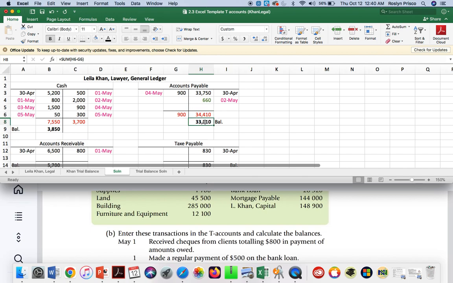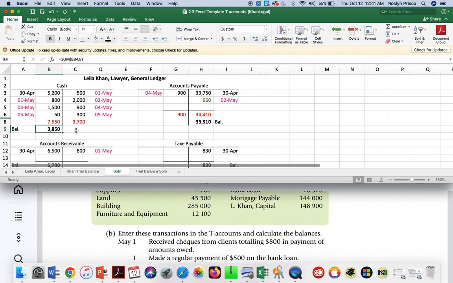And it would be normal for you to expect accounts payable to have a credit balance, because that's the typical side that you would see that number on. It means you have a debt of $33,510 to your suppliers. Over here, it means your cash is up $3,850, or we say cash is a debit of $3,850. So it means we have that cash.